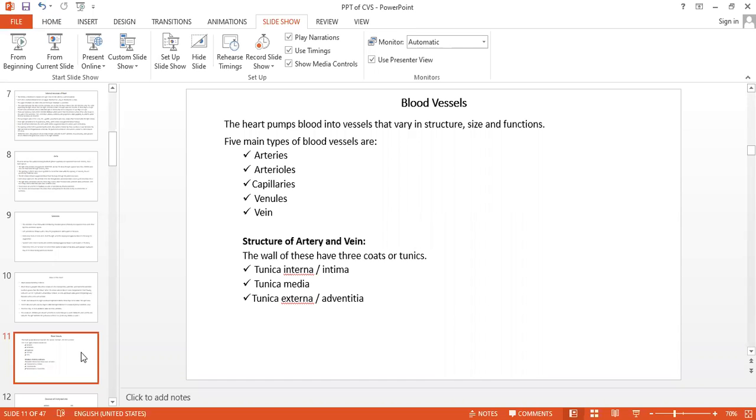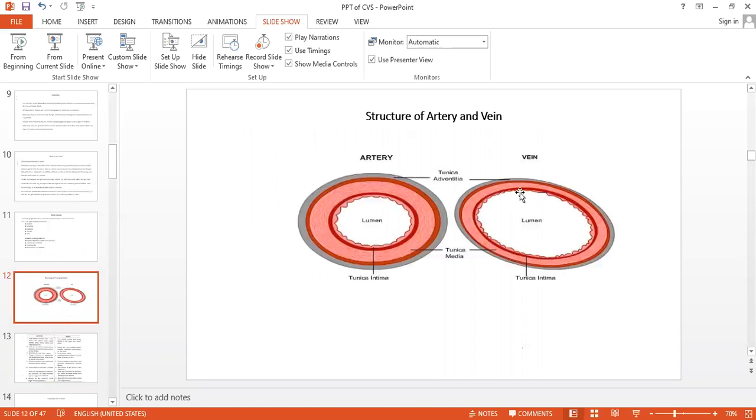Now we will see here the structure of the artery and veins. Tunica adventitia is the external layer, the innermost is the tunica intima, and the middle one is the tunica media. This is an artery and this is the vein.